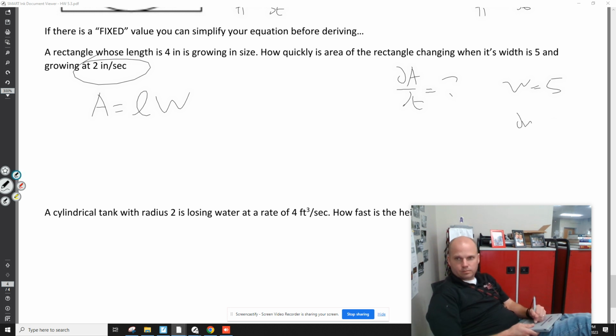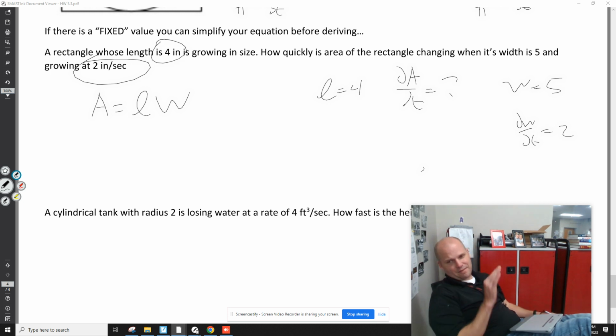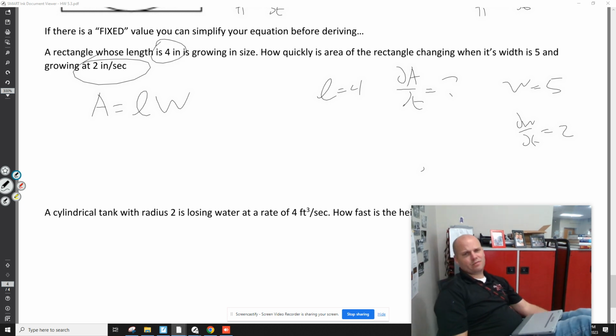Okay. Now, you know the rectangle has a length of 4. There's 2 things to do here, guys. If the length is 4, it's a little tricky to read into this.